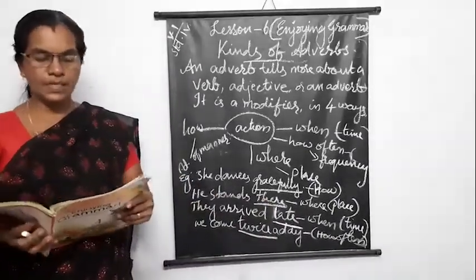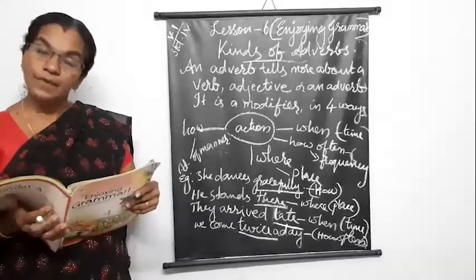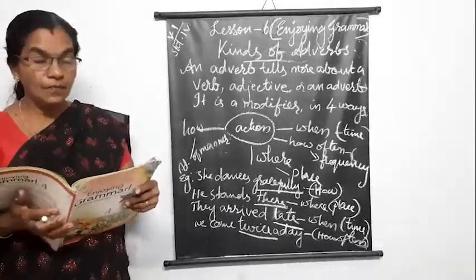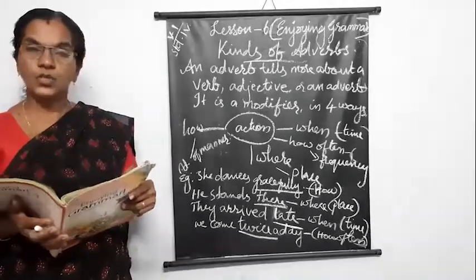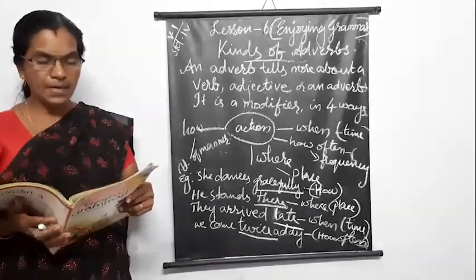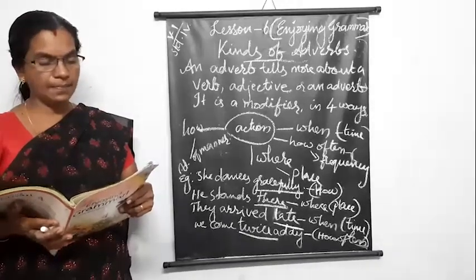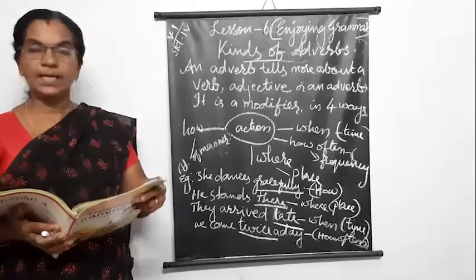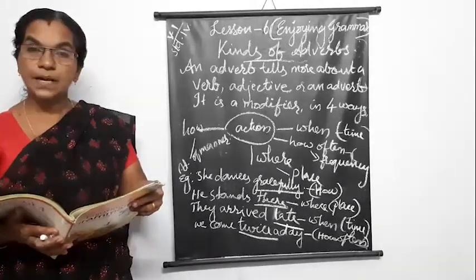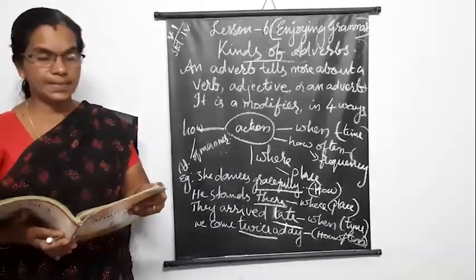Adverbs of place tell us where the action happens or will happen. They answer the question where. Come here. The dog ran away. And there, everywhere, somewhere, around, inside, outside are some of the adverbs of place.